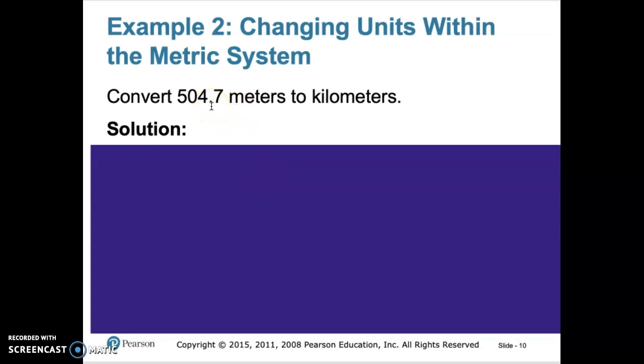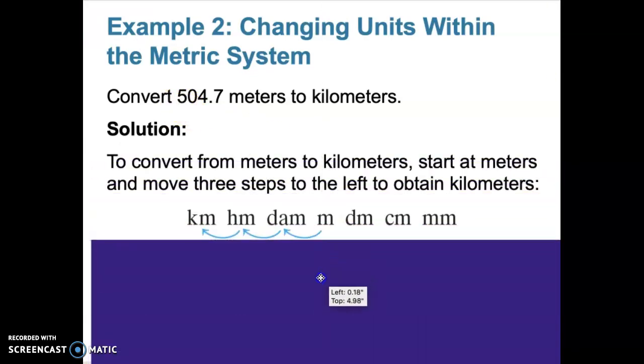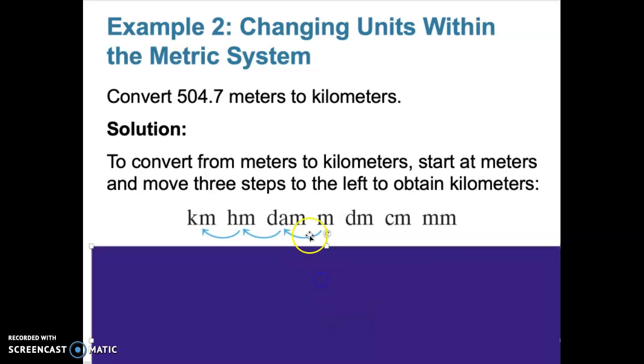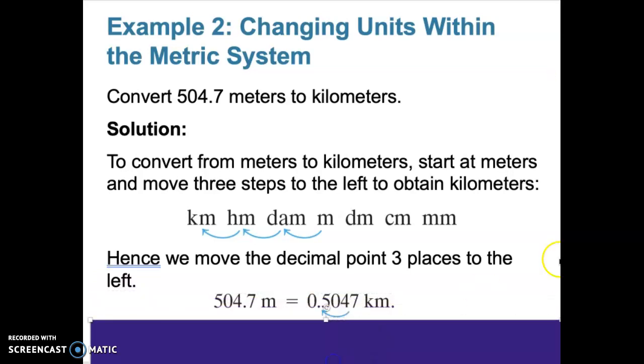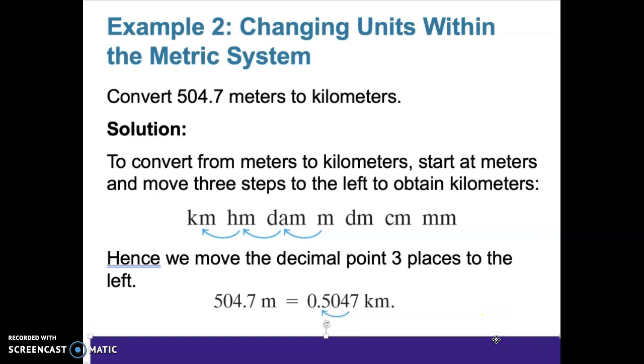If I move it to the left 3 times, I'm going to go 1, 2, 3. So therefore, our conversion would be 504.7 meters is equal to 0.5047 kilometers.